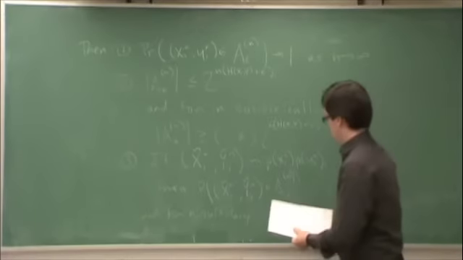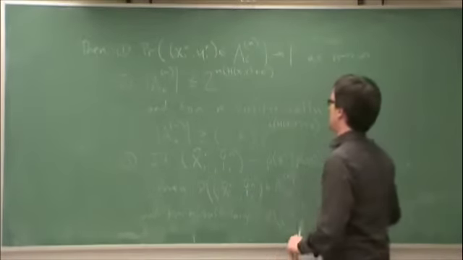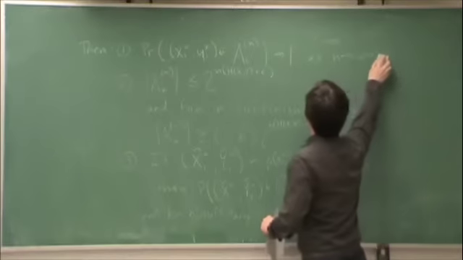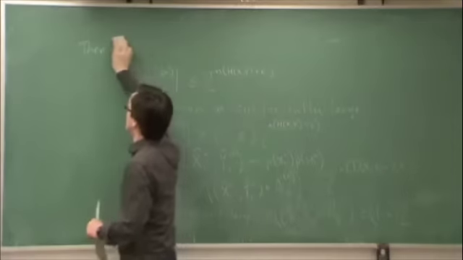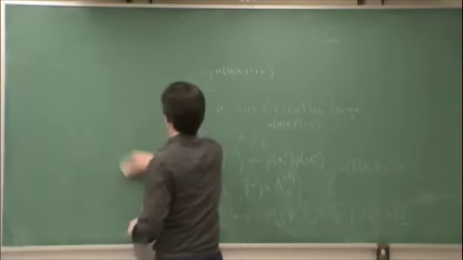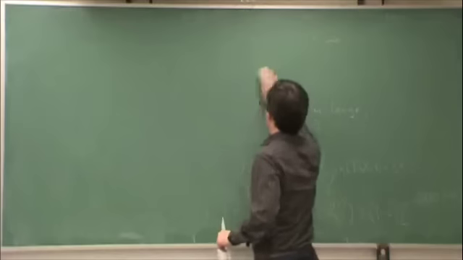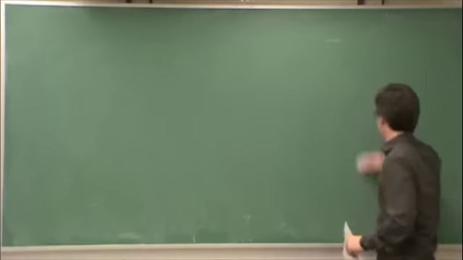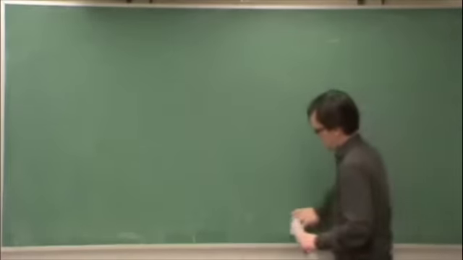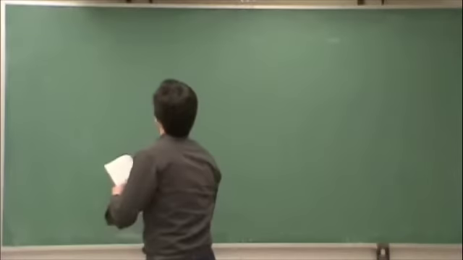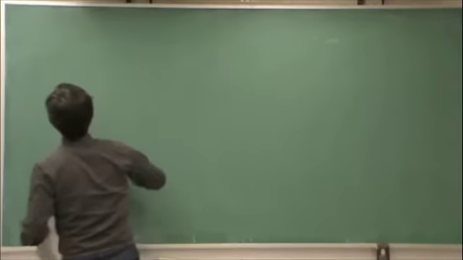Now, I promised you that I would define the typical set. So remember, that's just the statement of the theorem. We still have to prove this. But I forgot to mention the definition of the jointly typical set.